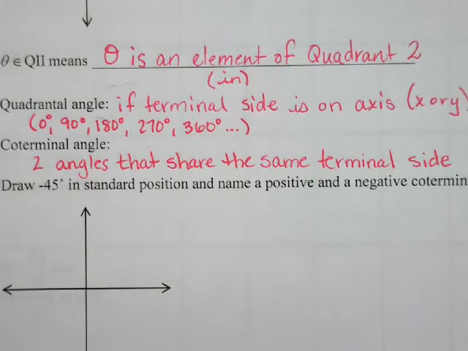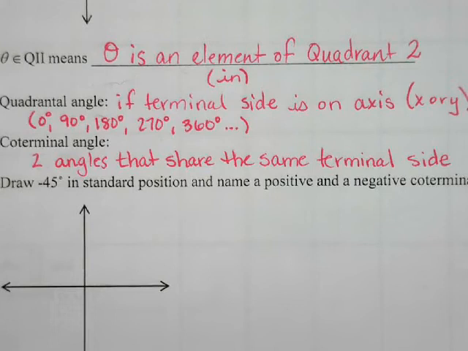They were quadrantals. Which ones share the same terminal side? 0 and 360, right? They're in the same spot. So think about when they get to the same place.